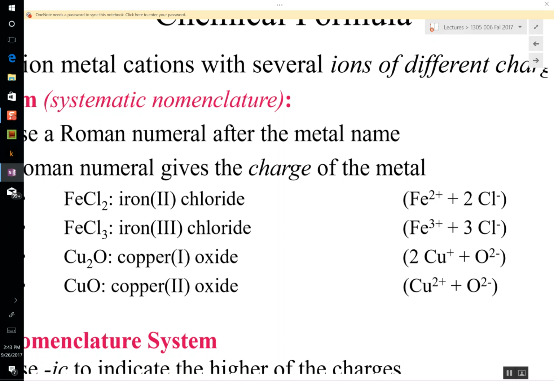Just to give you an example of where this matters: this is the way iron is. You know your red blood cells, hemoglobin, have iron at the center of them, and it is +2 iron. That's the iron that's in your red blood cells. It can get bumped up to an Fe+3 under certain situations.